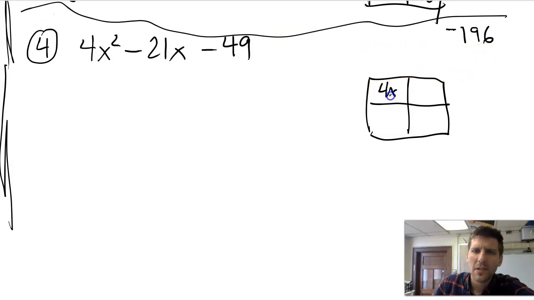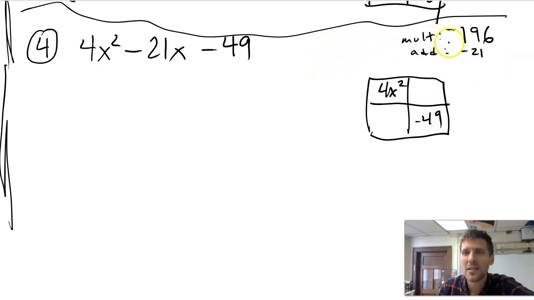And once I put these in here, so that they multiply to this and add to negative 21. Well, it turns out, I believe, 7 goes into 196 28 times. So it might have to be a positive 7x and a negative 28x that I drop in here. 7 times 28. I believe that's the case.